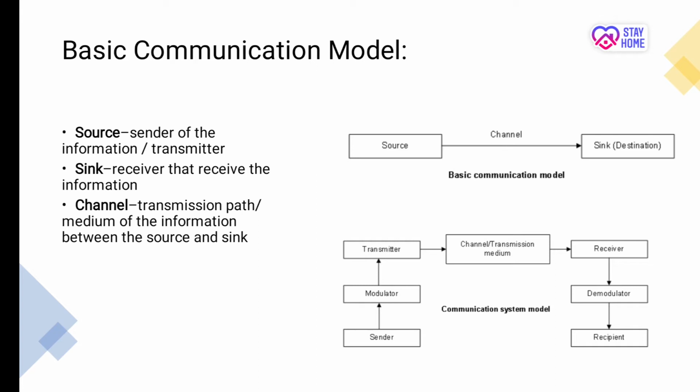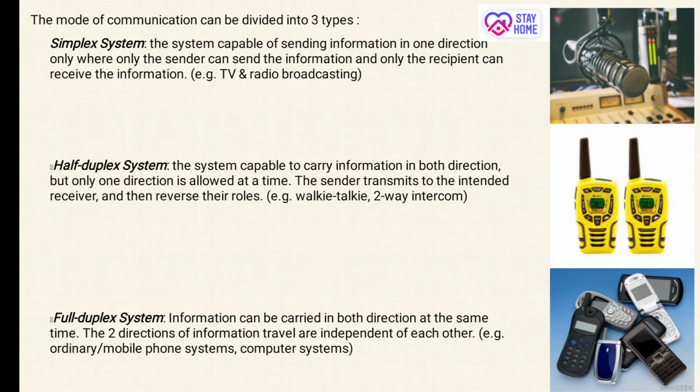For the communication mode types, we divided them into three main types. The first one is a simplex system, then a half duplex system, and also a full duplex system.